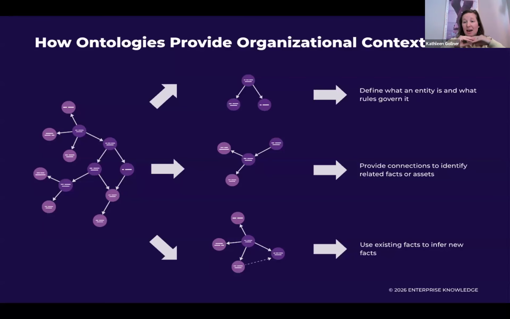So, for instance, we may have a product entity, and then with that, we can define that a product can be sold in one or more regions and not other regions specifically, and that a product may or may not be a part of a product bundle. Using those types of structures, we can then draw inferences or reason across our model.